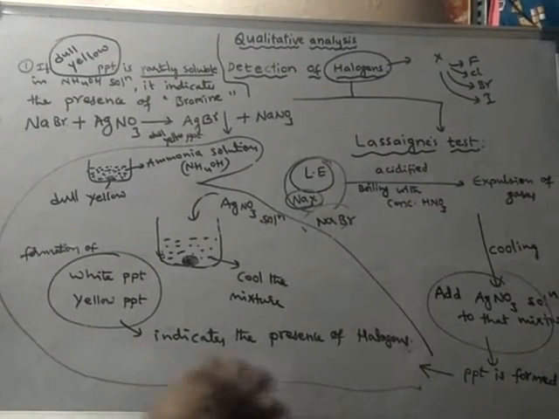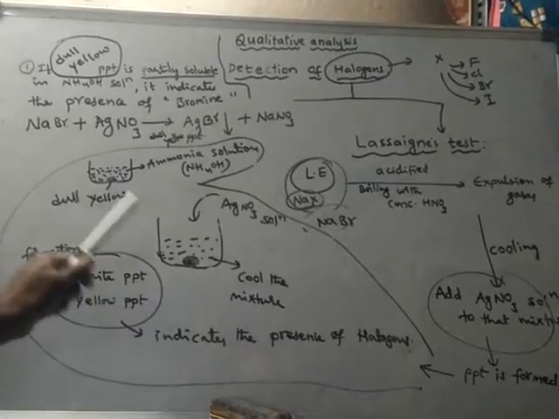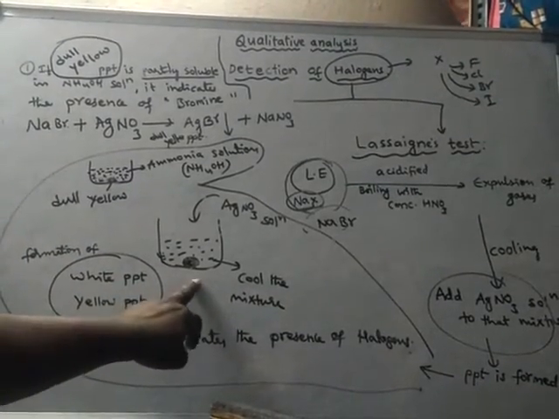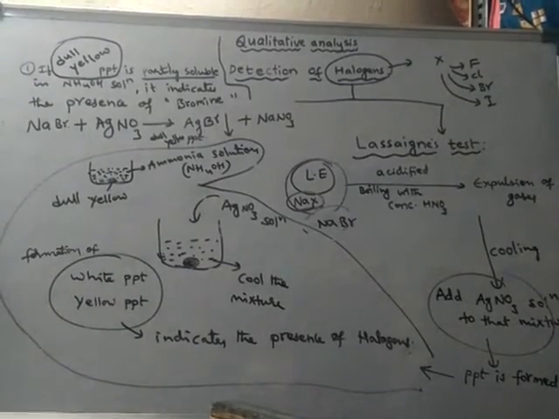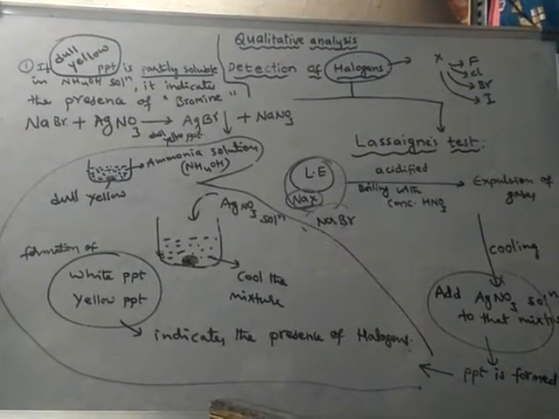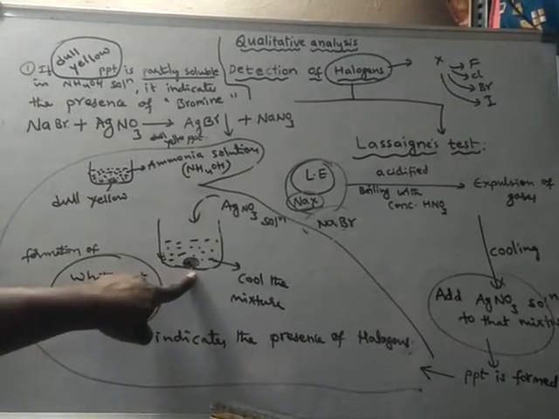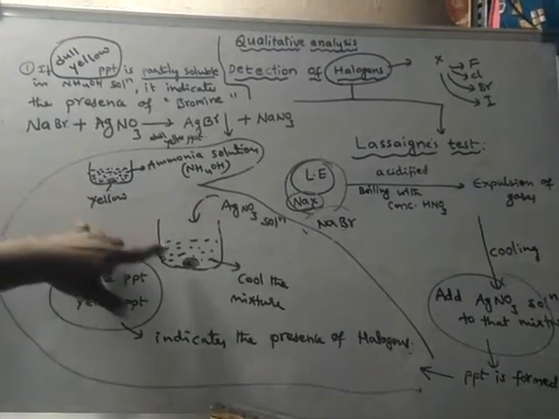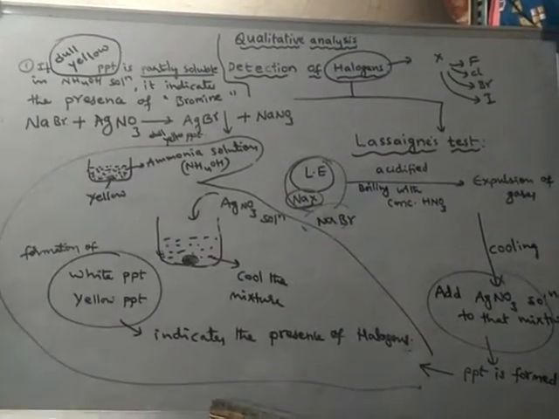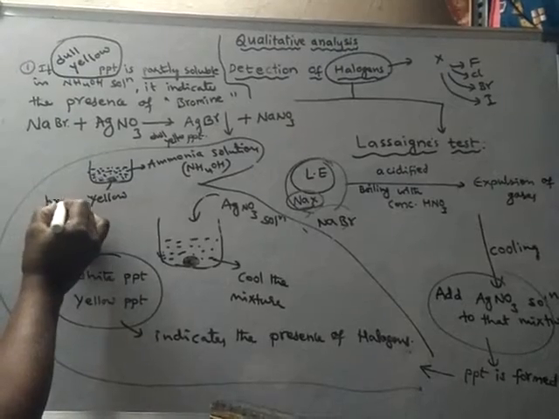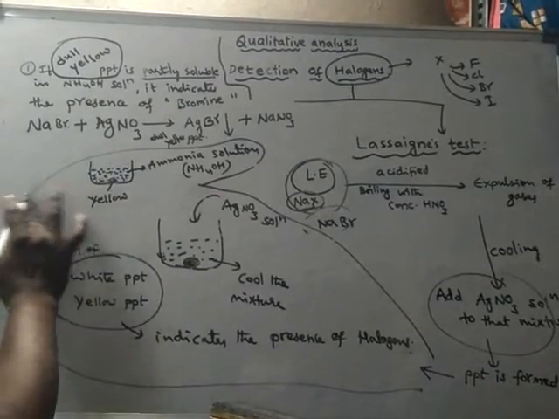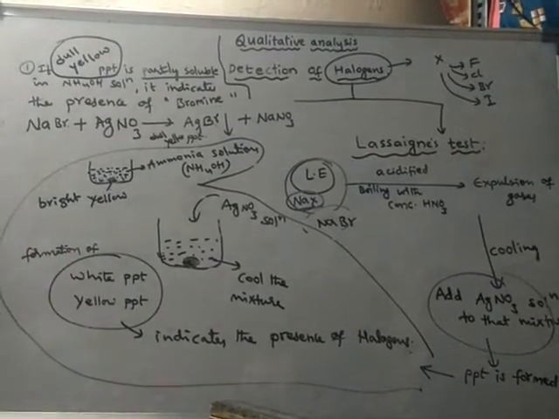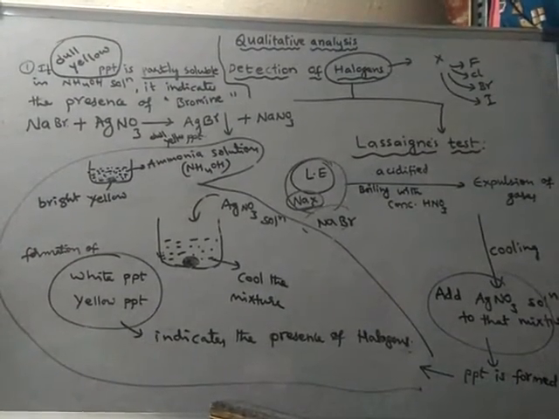Suppose the precipitate formed here is bright yellow. If this bright yellow precipitate is kept in ammonia solution, what happens? It does not dissolve at all.